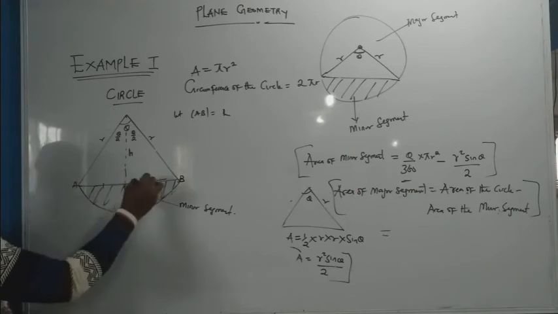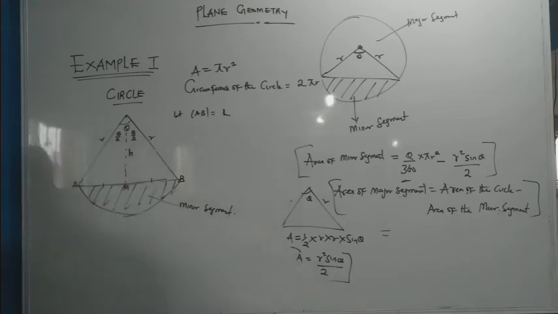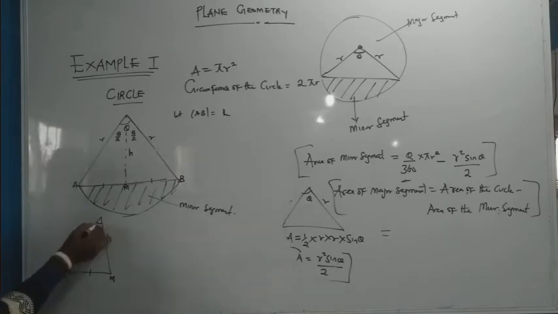You bring it out like this: here is M, here is A, here is H, then here is the radius, and here we have theta over 2. Can you see now?